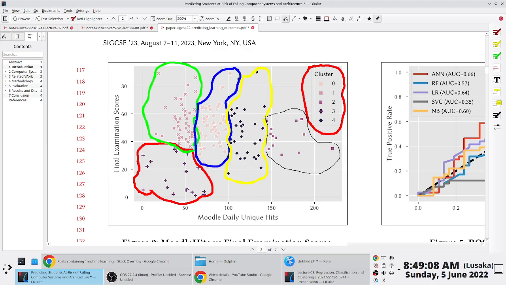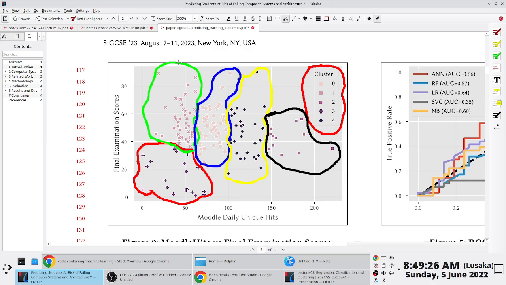And the idea behind this is, if you look at these clusters and you give this to an expert, maybe the course instructor for ICT 1110, the course instructor will perhaps be able to explain the behavior here.